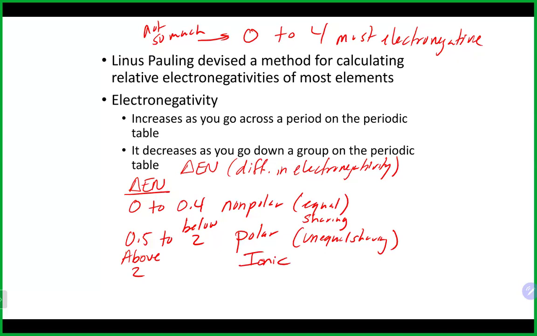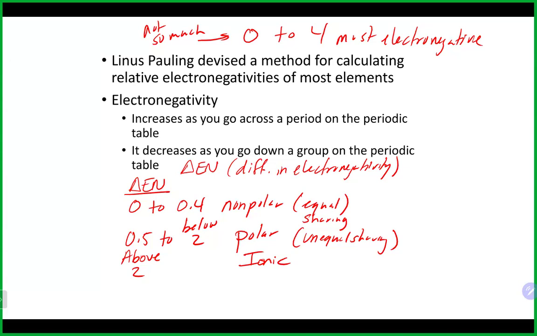That cutoff of above 2 is what I was talking about, that you really don't need these values to figure that out. Again, metal, non-metal, ionic. There are a number of combinations of a metal and a non-metal that may give you a difference in electronegativity of less than 2, but they're still ionic. So I wouldn't even worry about those values for an ionic bond. I would just go with metal, non-metal.